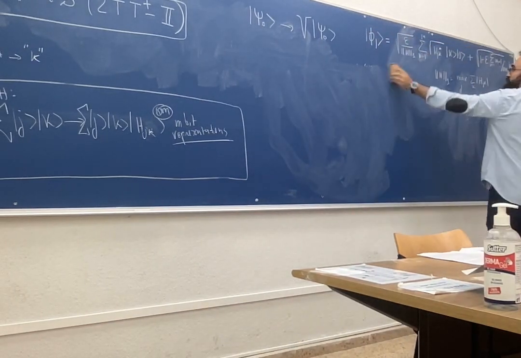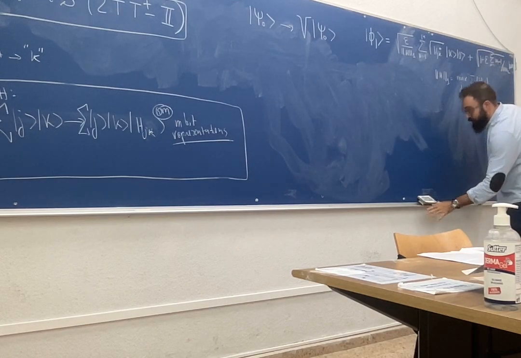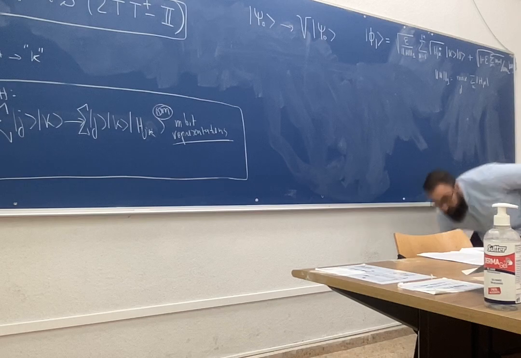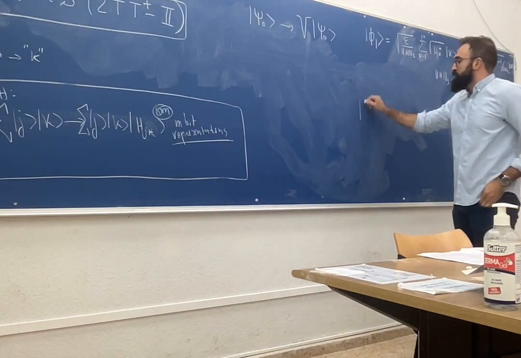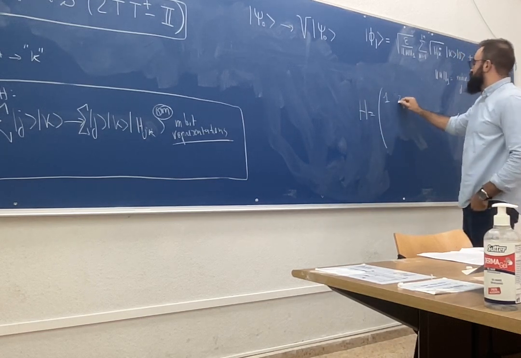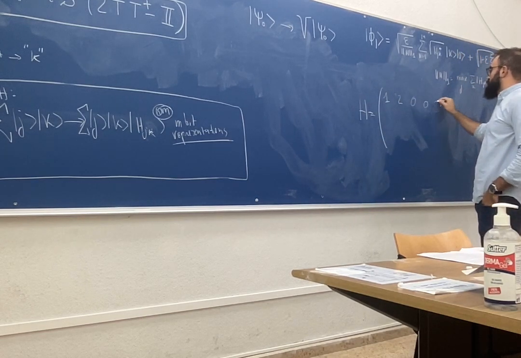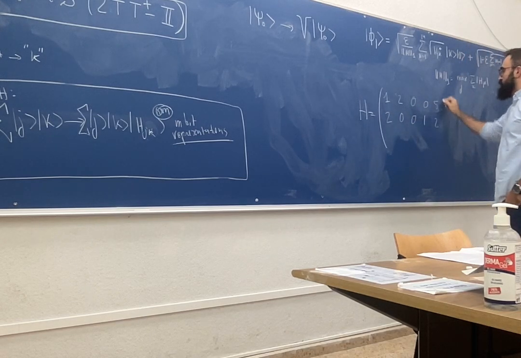Basically, let's make this with an example. Let's have a Hamiltonian, and imagine our Hamiltonian is 1, 2, 0, 0, 5, 2, 0, 0, 1, 2.